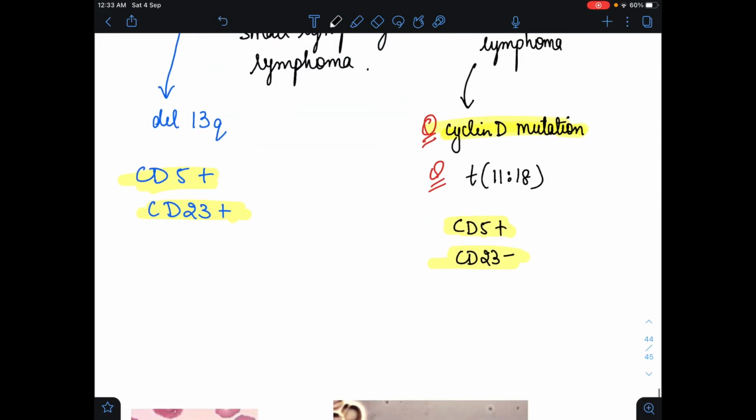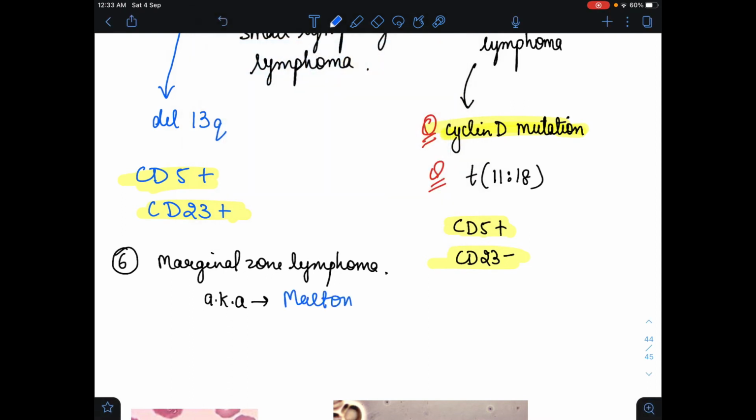Now next, the sixth type of non-Hodgkin lymphoma is marginal zone lymphoma. First we have to know that it is also known as maltoma. Please remember it, it is a very important question.